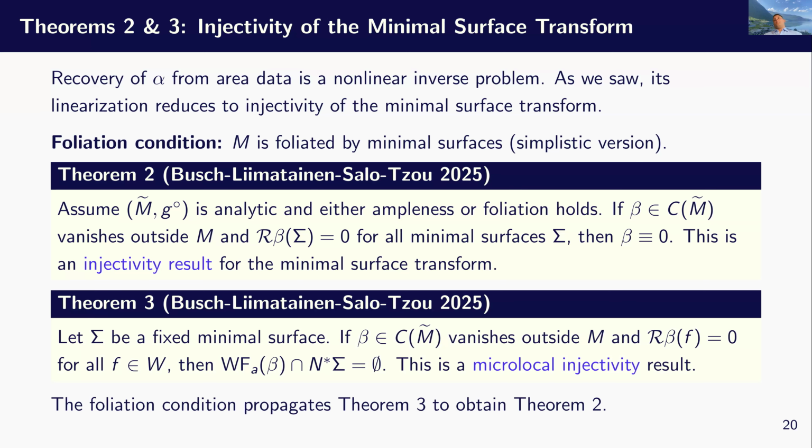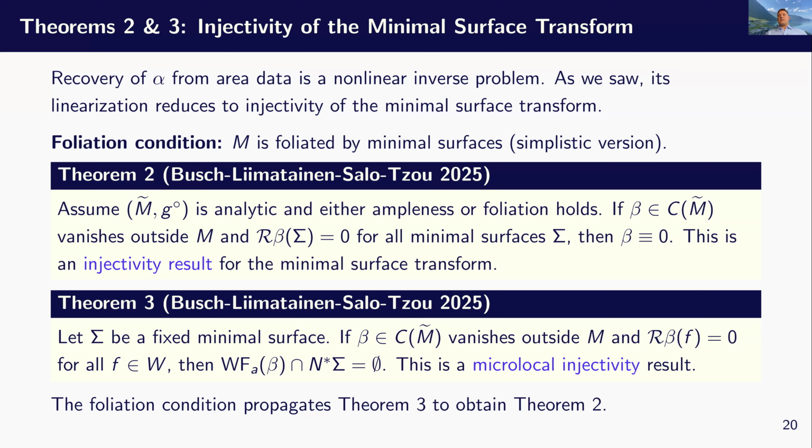We also give the microlocal injectivity result, which is the following. So if sigma now is a fixed minimal surface, and if again beta is a continuous function and vanishes outside M, and now this notation means that if the minimal surface transformation vanishes for small variations of this sigma, so recall that when you give boundary value f for the minimal surface equation, you get the nearby minimal surfaces.